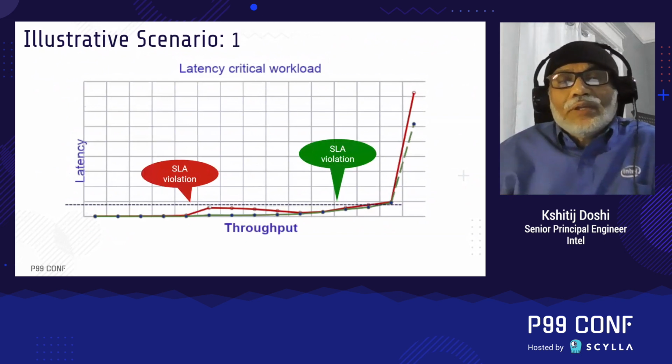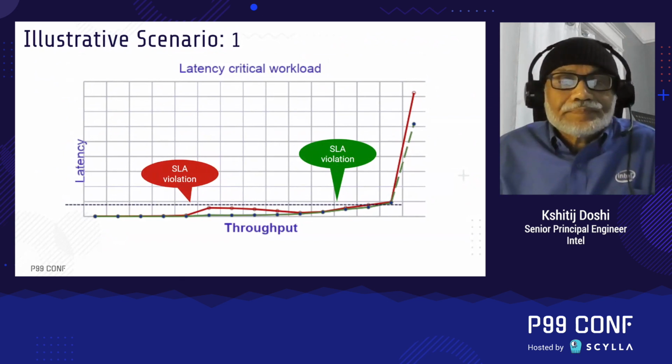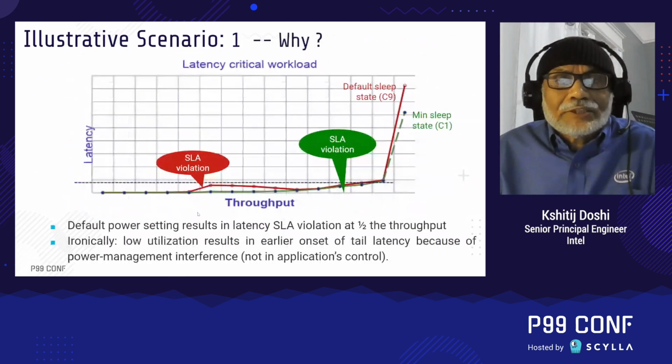Now, when subsequently this was corrected by fixing whatever the problem was, as you can see, the SLA violation point moved further to the right and closer to where the throughput was maxing out.